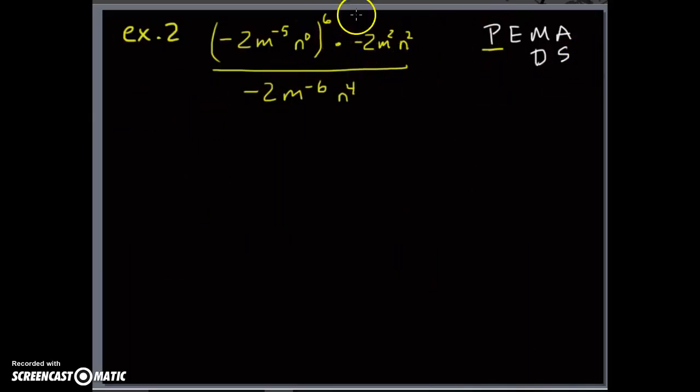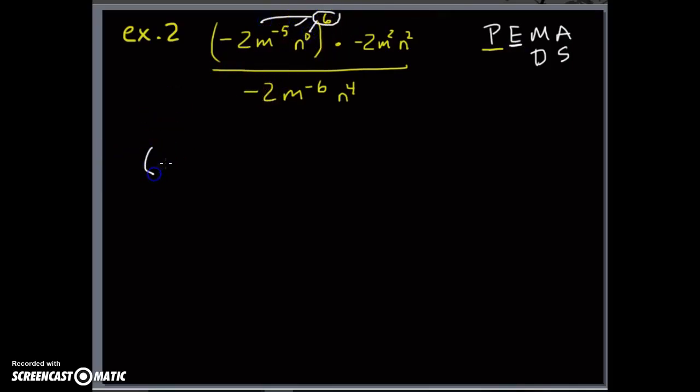Example number 2. Let's go ahead and start with the parentheses. There's nothing that we can simplify in the parentheses, no similar bases to multiply, so we can't add exponents. We can go ahead and move on to the exponent part of PEMDAS, which will be to deal with this exponent right here. We're going to multiply it to all of our exponents.